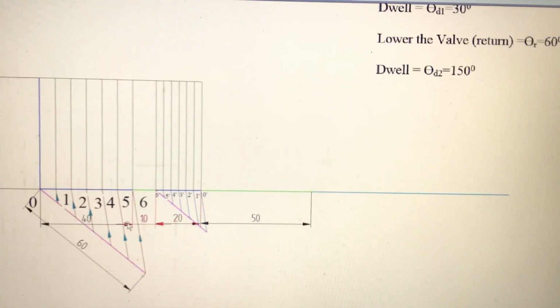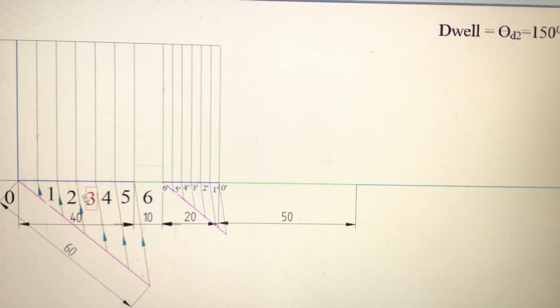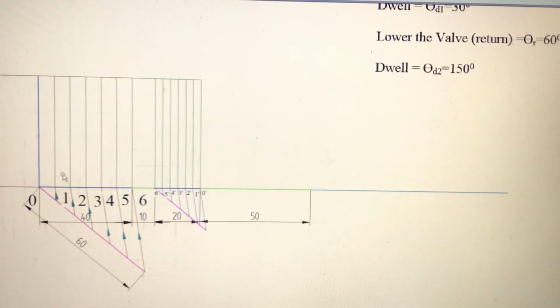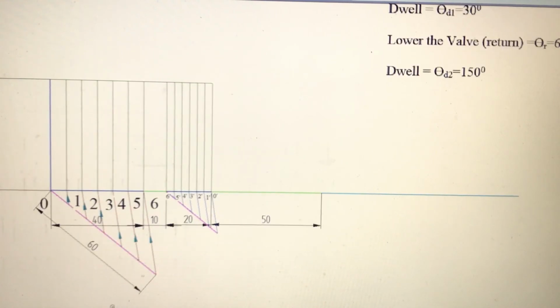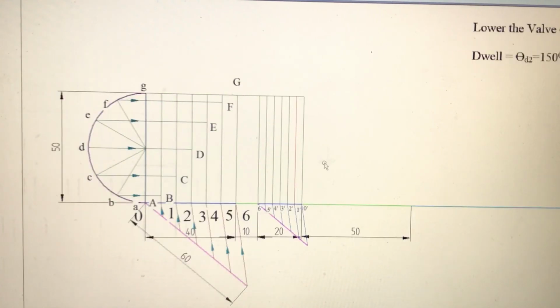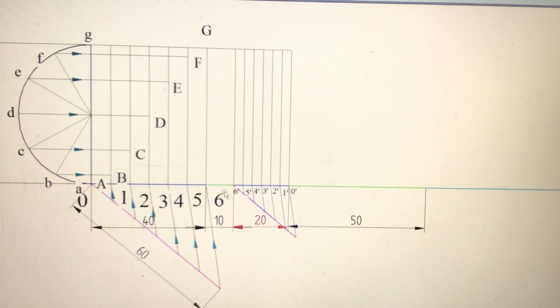After dividing you'll get 0, 1, 2, 3, 4, 5, 6 and 6 dash, 5 dash, 4 dash, 3 dash, 2 dash, 1 dash and 0 dash. After dividing, you draw straight vertical lines from each point. This is the next step. Then, as it's a simple harmonic motion, you measure the midpoint of the stroke length, which is 25 mm.